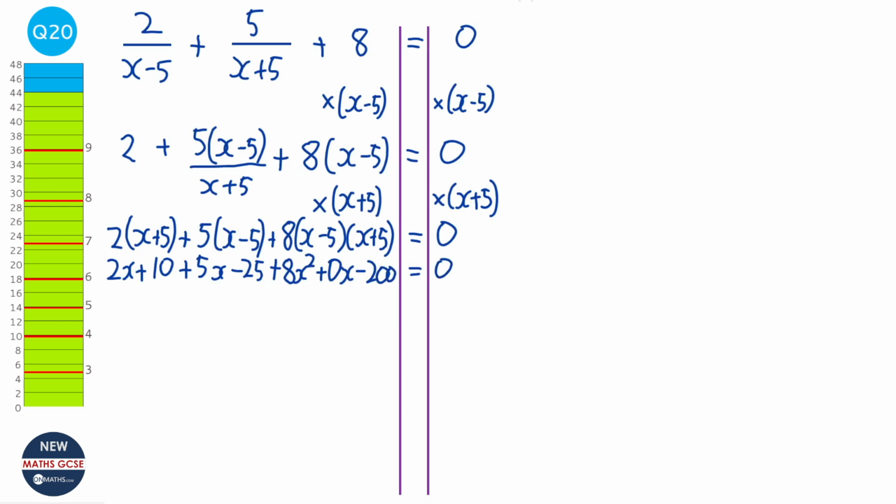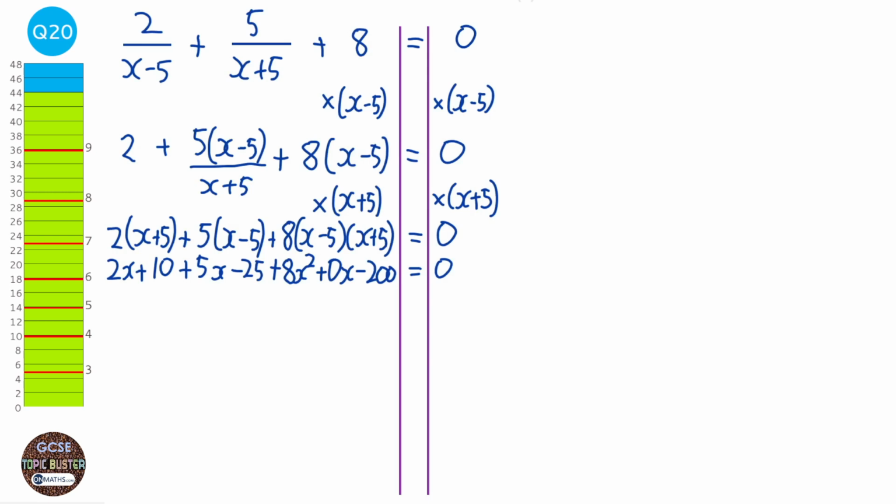Now notice here in the brackets it's a difference of 2 squares. You've got an x minus 5 and an x plus 5, and with a difference of 2 squares you end up with the coefficient of x being 0. So that's not really a surprise.